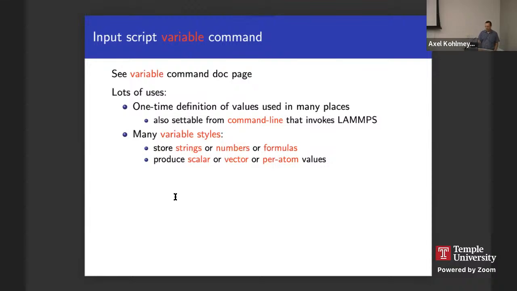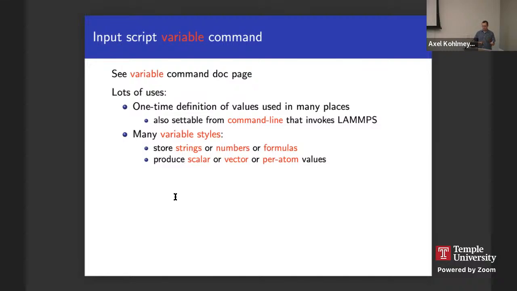There's variables. So variables in LAMMPS input scripts are very powerful and with many uses. So you can do a one-time definition of values that are used in many places. You can even set these from the command line that invokes LAMMPS. So if you have a bash submission script on a supercomputer, you could set variables in your bash loop and those get passed into LAMMPS. There's different styles. Some store strings or numbers or formulas.